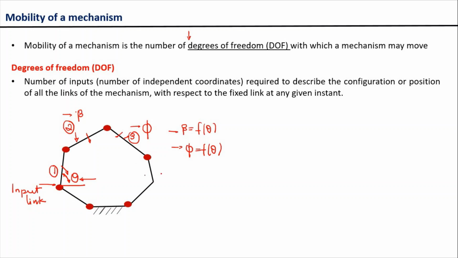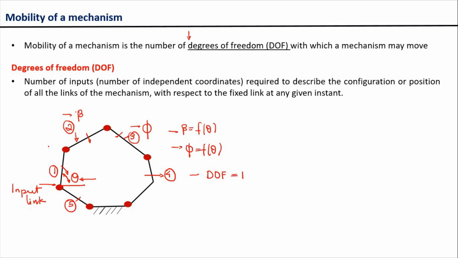And let us generalize this to other links also. Let's say link 4, then link 5. In this case, we can say that only one coordinate is required to define the motion of the remaining links 2, 3, 4 and 5 in the mechanism. So we can say the degree of freedom of this mechanism is 1.